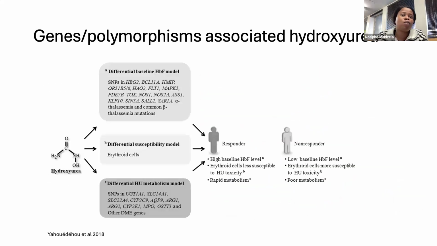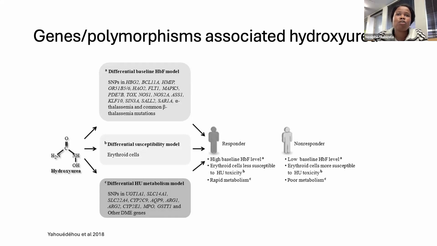Another paper combined data from different papers, whereby they looked at the baseline of fetal hemoglobin. What are the genes that have been known for the baseline of fetal hemoglobin? And then what are the genes associated with drug metabolism of hydroxyurea? To be honest with you, limited numbers are coming from Africa with these studies on pharmacogenomics.